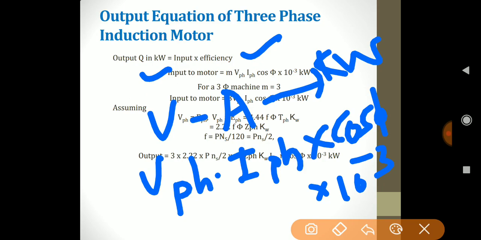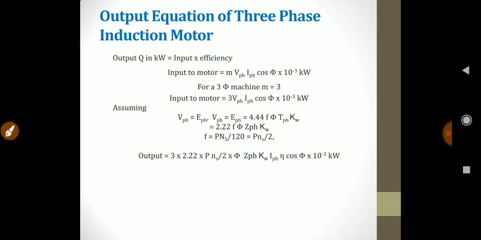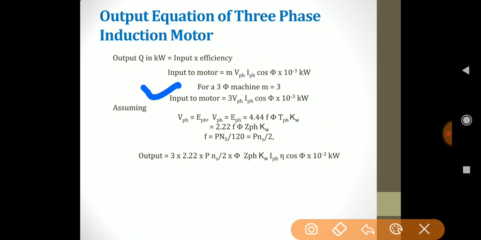Moreover, one more thing which is important: VPH and IPH are per phase voltage and per phase current, and my machine is three-phase, hence I need to add 3 there in multiplication. So finally the input of the motor is equal to 3 VPH IPH into cos phi into 10 raised to minus 3 kilowatt.